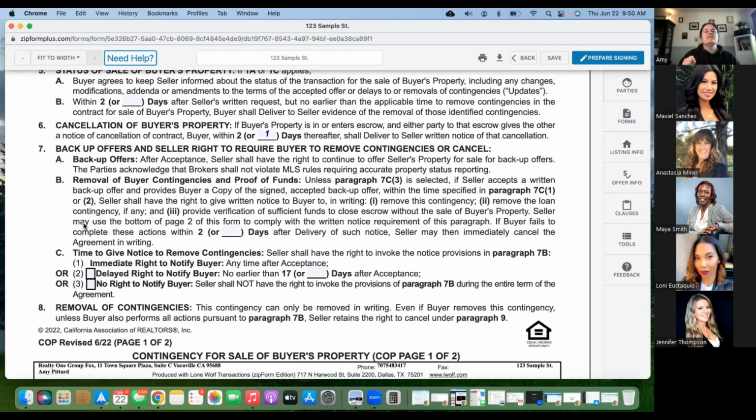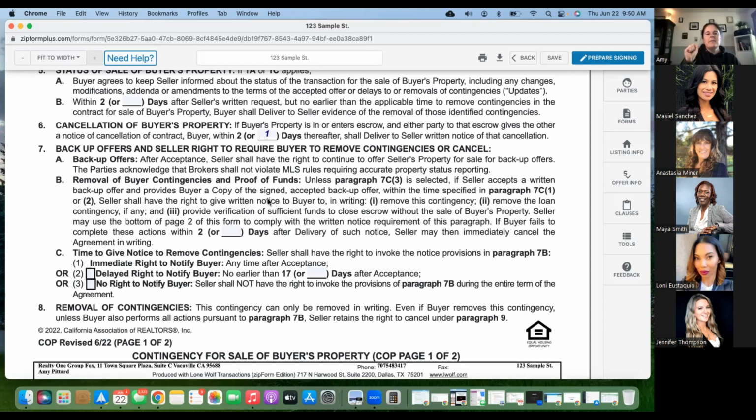Removal of buyer's contingencies and proof of funds. Unless paragraph 7C3 is selected, which is down here, no right to notify buyer. If seller accepts a written backup offer and provides buyer a copy of the signed accepted backup offer within the time specified in paragraph 7C1 or 2, seller shall have the right to give written notice to buyer to remove this contingency, remove the loan contingency, if any, and provide verification of sufficient funds to close escrow without the sale of the buyer's property.